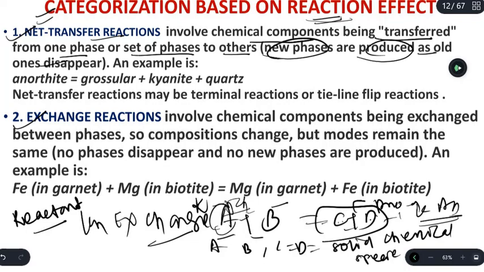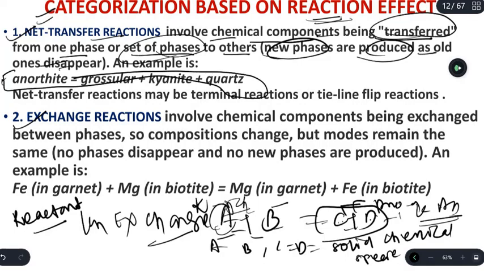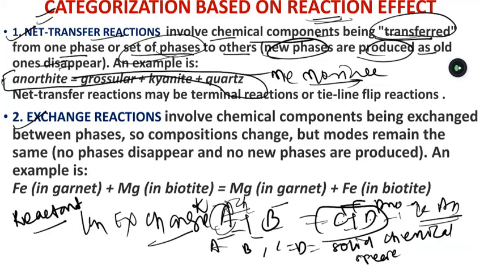See, जो old phase है A B, ये disappear होके अलग फेज बनाएगा C plus D, but thing is the chemical components are transferred. See, involve the chemical component being transferred from one phase or set of phases. Clear, इतना clear हुआ या any doubt, just tell me. Concept आपको समझ में आना चाहिए, but you have to memorize this part. ये तो आपको memorize करना है ना, this part you have to memorize, but understanding concept, that is more important.